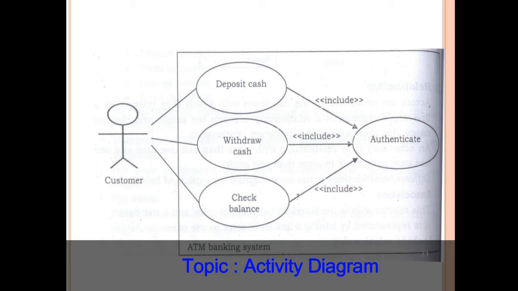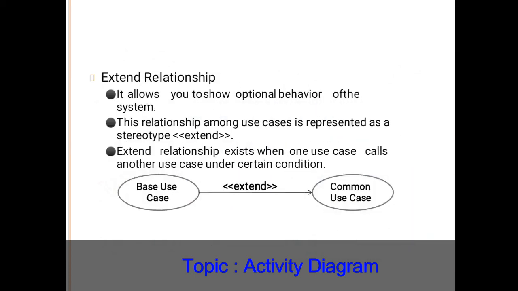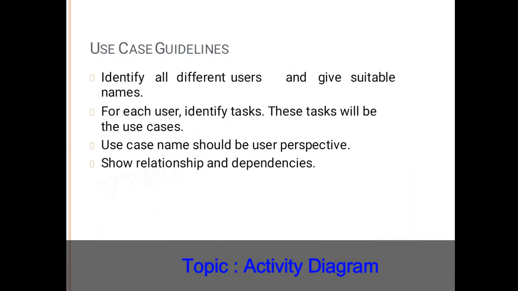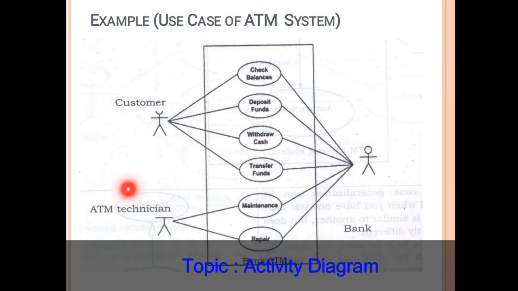That's why a use case diagram is nothing but a connection between the user, or we can also say a customer or employee, and the system. Finally, this is the best example of a use case for the ATM system. This is a customer, here one is an ATM technician, and this is a bank. This symbol is known as an actor.